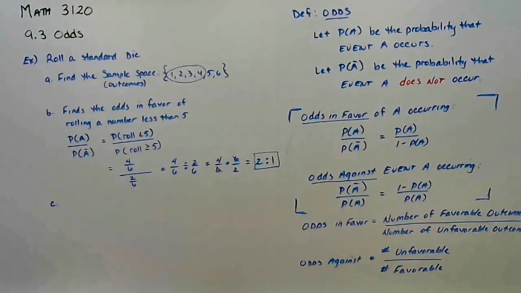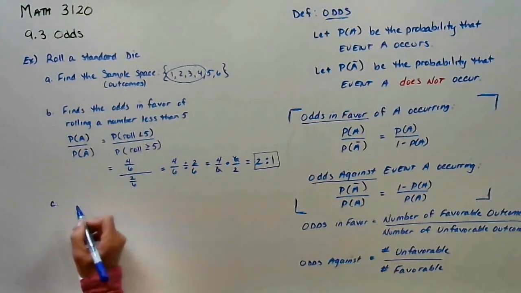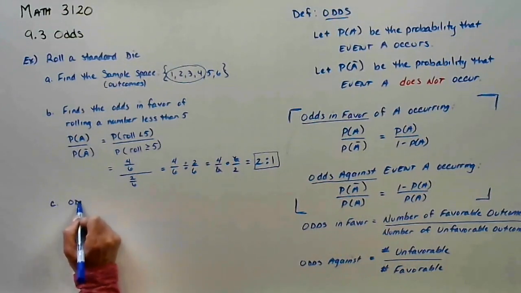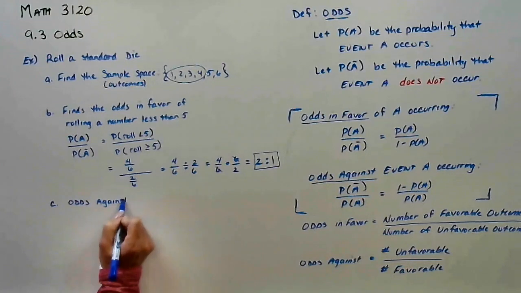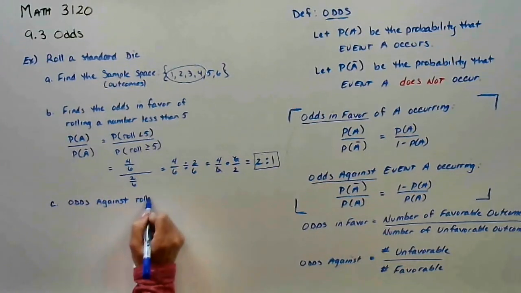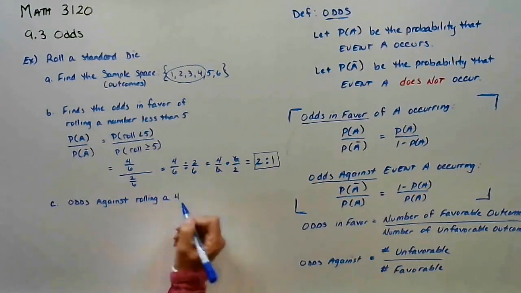So let's try it again, but this time let's do odds in favor of, I'm still rolling a die. So odds in favor of, let's do another one. Here, I'll just do the following. Odds against rolling the number 4.